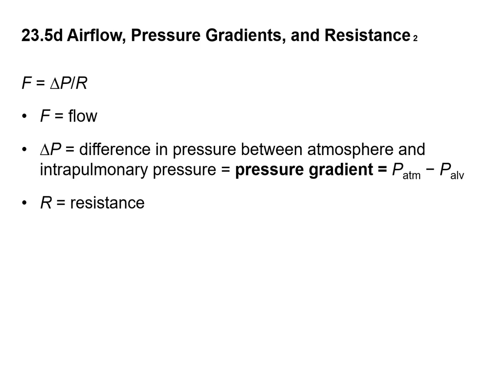It's directly related to flow. The R, the resistance, is in the denominator, so it's inversely related to flow. If you increase resistance, you decrease flow, or the rate of the flow is going to slow down.